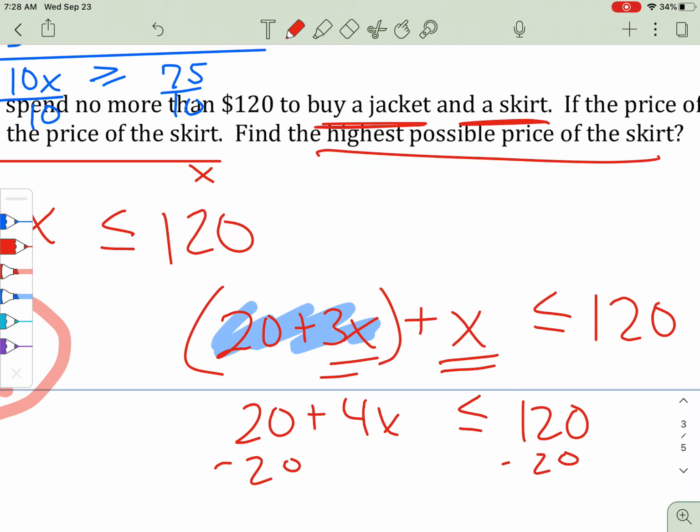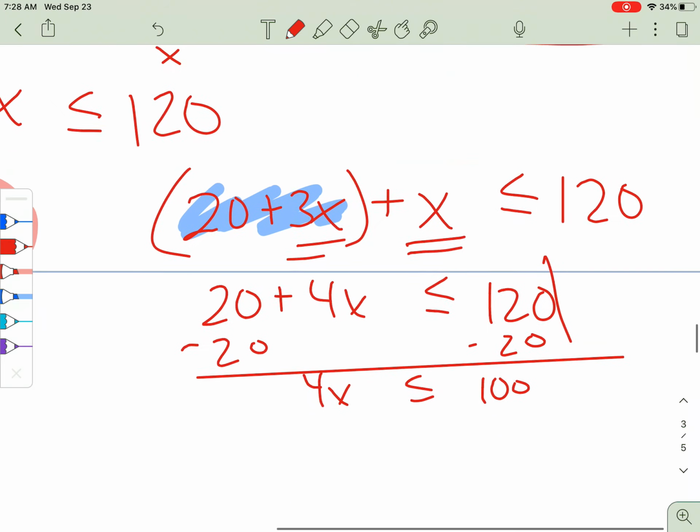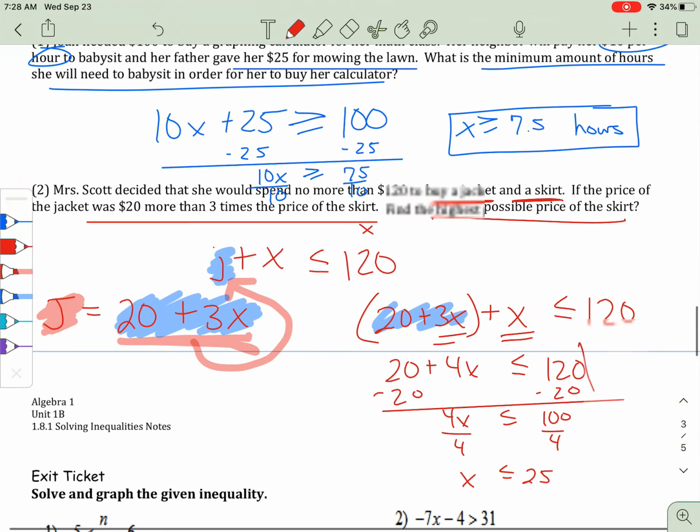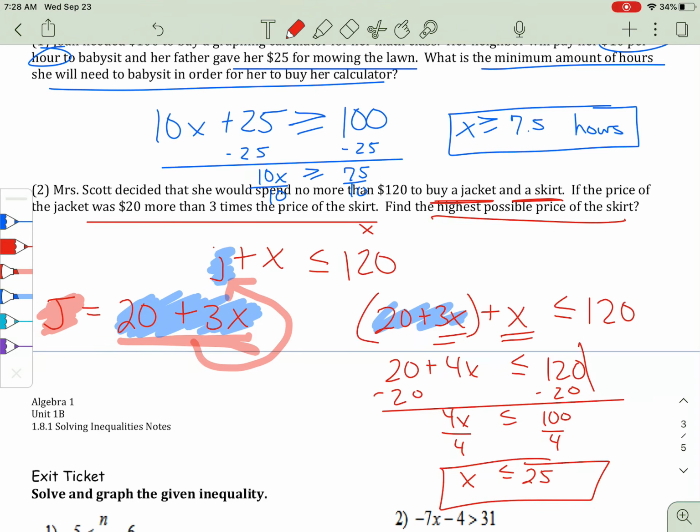And then I'm just going to solve. Divide by 4, x ≤ 25. So the skirt is less than or equal to $25.